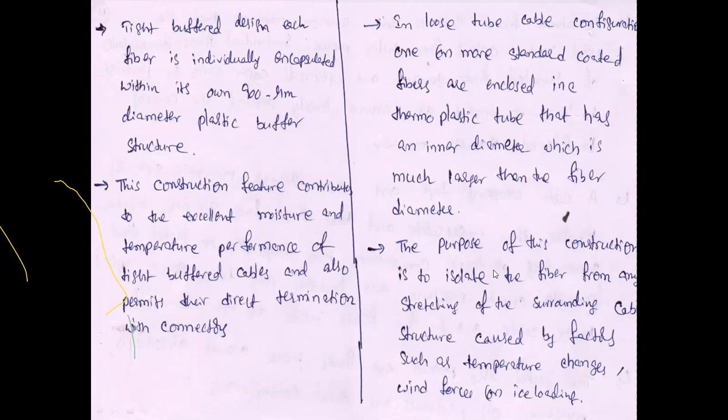But the purpose of the loose tube cable construction is to isolate the fiber from any strain of the surrounding cable structure caused by factors such as temperature changes, wind forces and ice loading. This is the basic difference between tight buffer design and loose tube cable design.